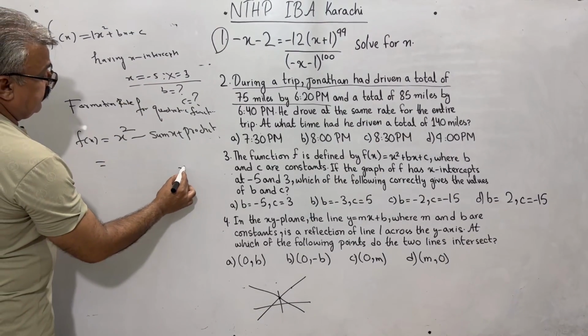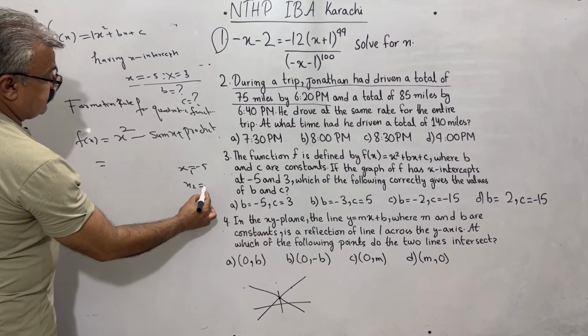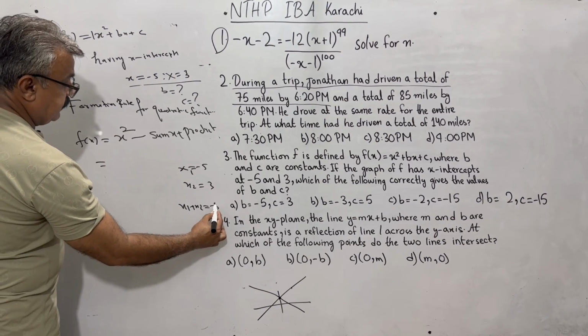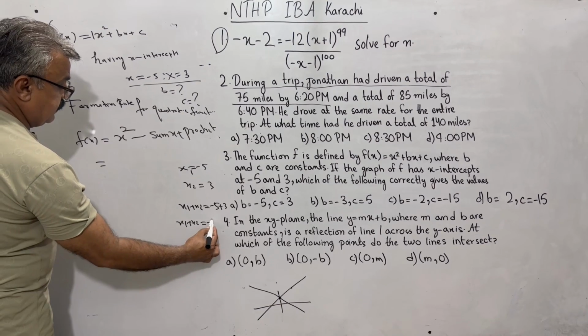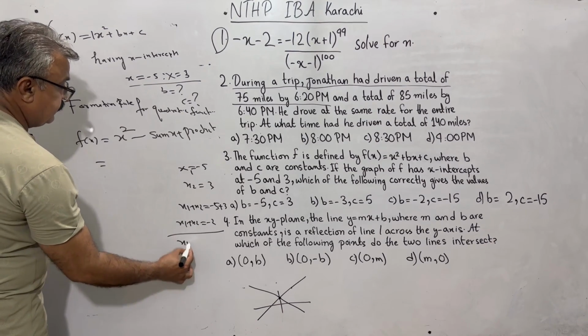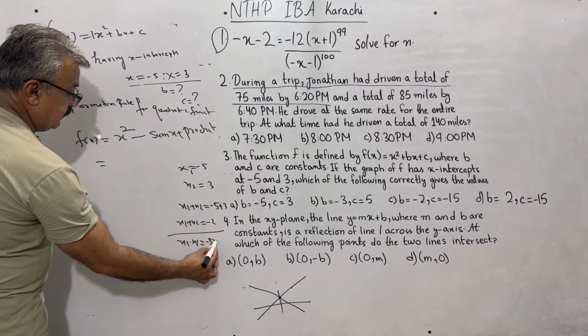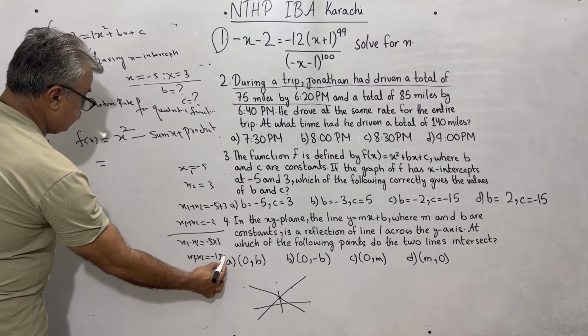Suppose x1 is -5 and x2 is equal to 3. Find their sum: x1 plus x2 is -5 plus 3, which is -2. And the product x1 into x2 is -5 times 3, which is -15.